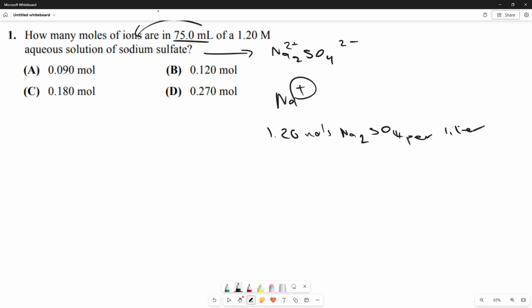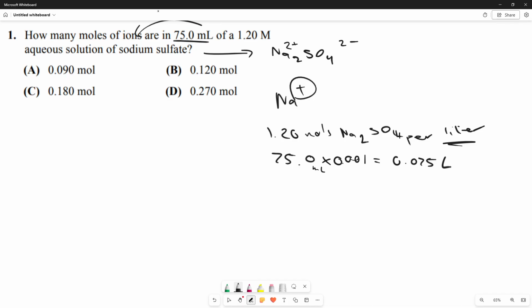So we have to change this into liters because we're dealing with different units. So we multiply it by 0.001, because this is milliliters, and we get 0.075 liters.